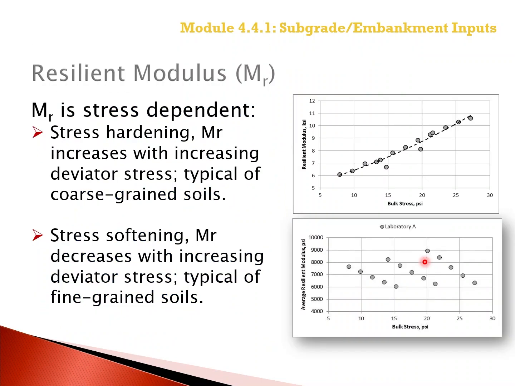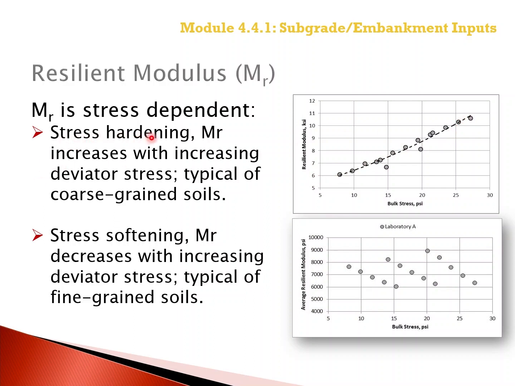So there are two stress-dependent classifications used to explain the response of the subgrade and/or embankment soil. The first is stress hardening, where the resilient modulus increases with an increase in bulk stress, with bulk stress along the x-axis and resilient modulus along the y-axis.